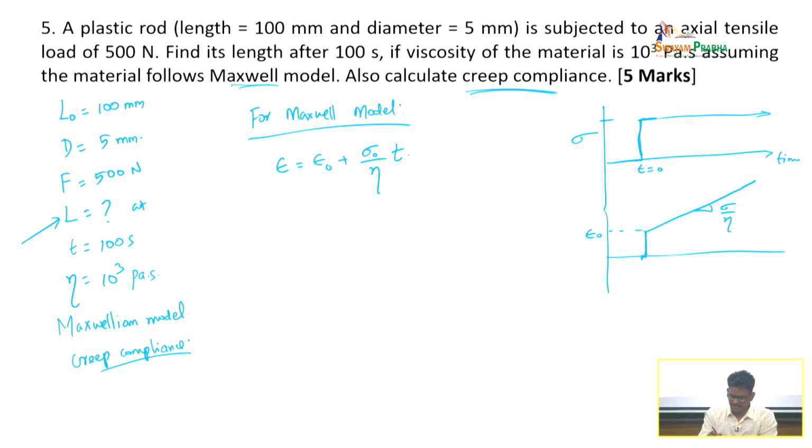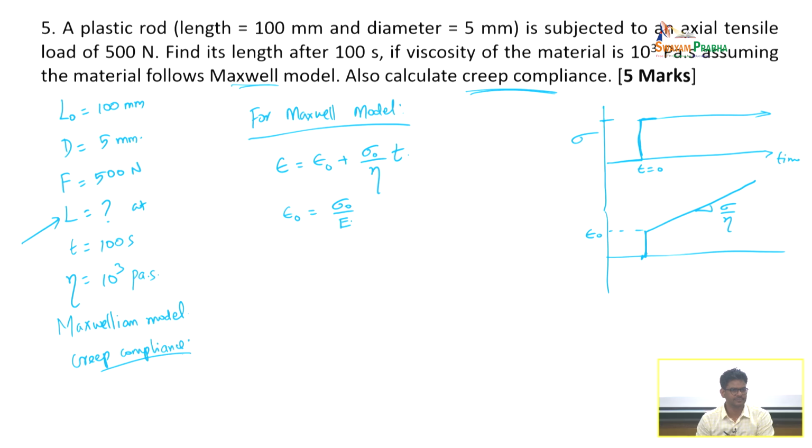Now, what is epsilon naught? What would the elastic response be? Yes, stress by Young's modulus. Can we calculate stress? We can, because it is force by area. Force is given, 500 Newton, and the cross-section area is pi by 4 d square. So, this is 500 into 4 by pi into 5 square, in units of Newton per mm square.